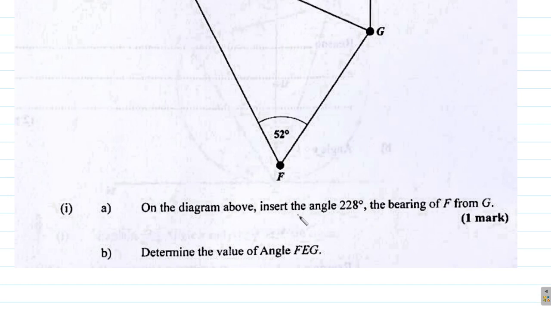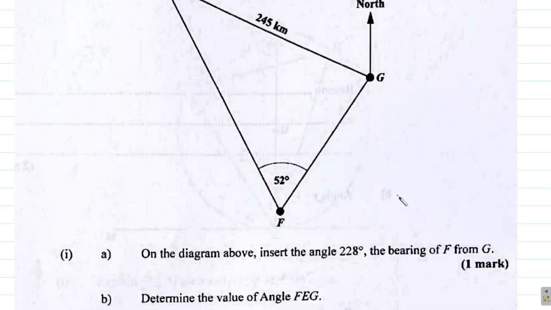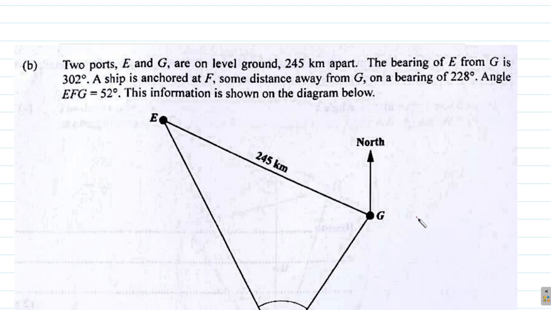On the diagram above, insert the angle 228, the bearing of F from G. Well, you could just insert both angles. It's two bearings they give you, so just put them in. So you have the bearing of E from G. When you say from G, that is where you're going to draw your north line.